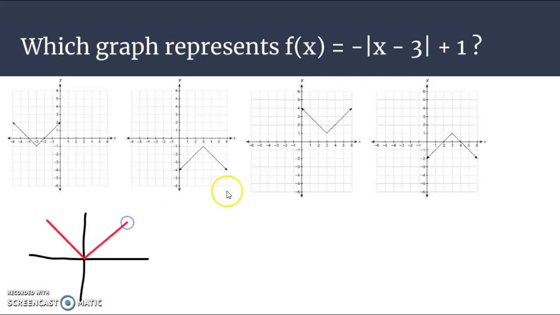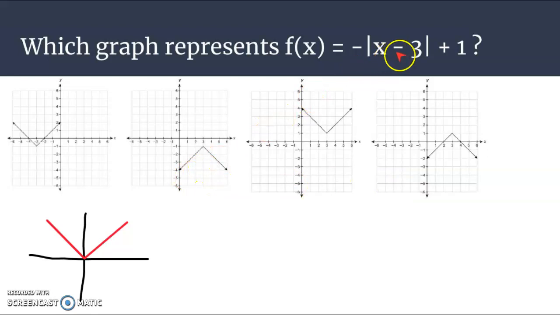There we go. So this is just plain old f of x equals the absolute value of x. But according to the transformations we just talked about, it's going to be flipped over the x-axis, so it's going to be one of these here, where we flip it upside down.